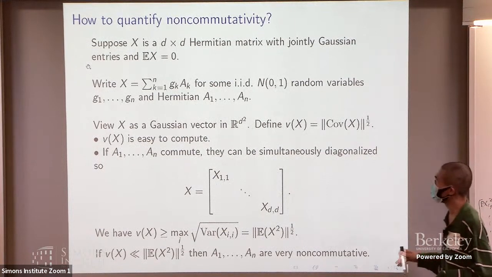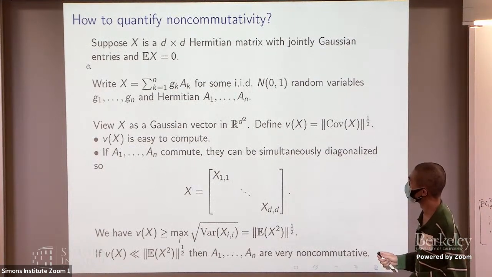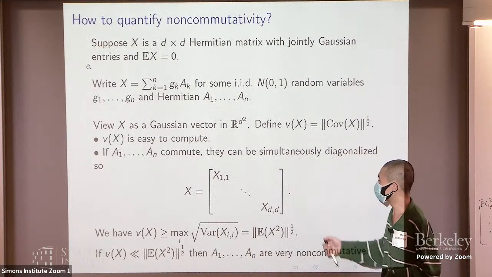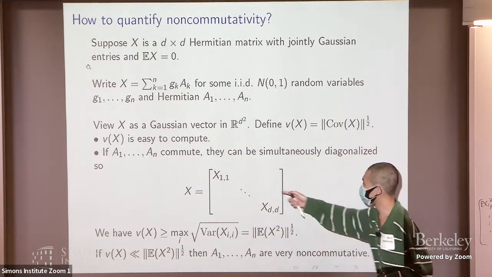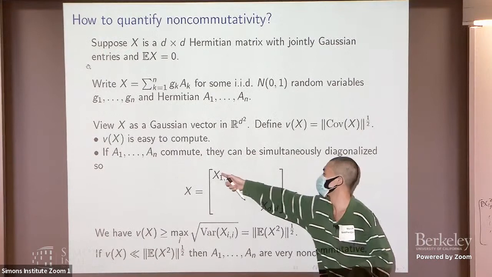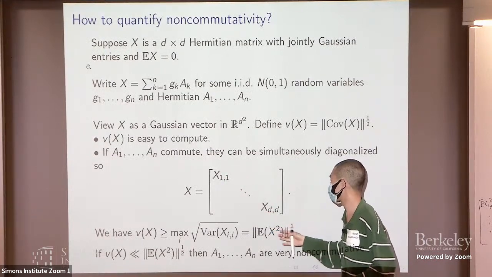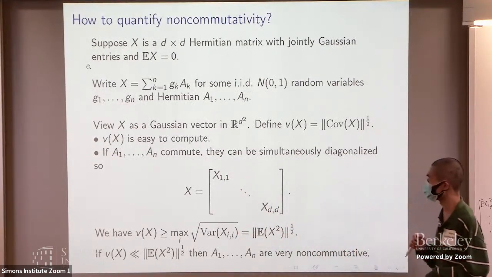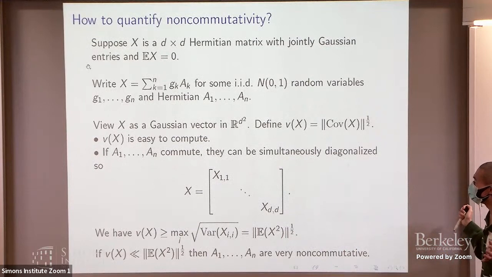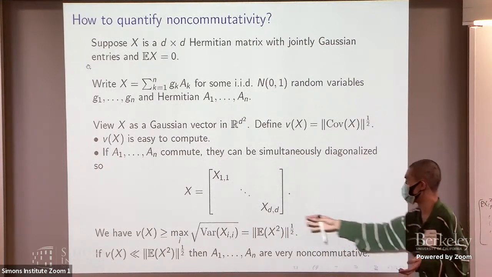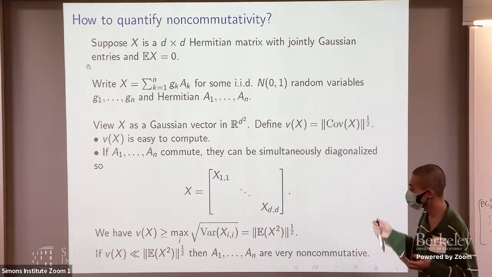On the other hand, if X is equal to this, what is the expectation of X squared? It is just the square of all these, and then you take expectation, and that's exactly equal to this one. So if everything commutes, then the norm of the covariance of X is at least this one.